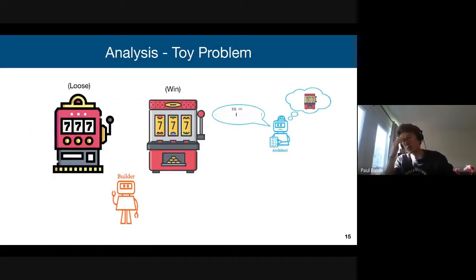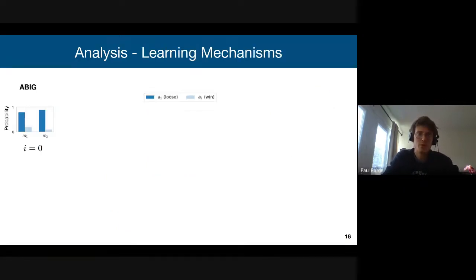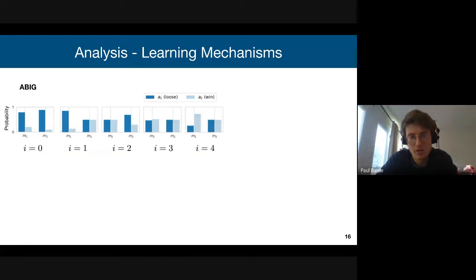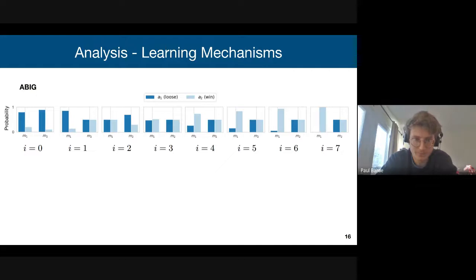To analyze this shared intent phenomenon more in depth, we tried a toy problem, a two-armed bandit, and we looked at the evolution of the builder's policy. Here we have the initial builder's policy, which gives the probabilities of taking an action depending on the message you get. We can see the evolution of this policy throughout iterations of training, and we see two really interesting mechanisms.